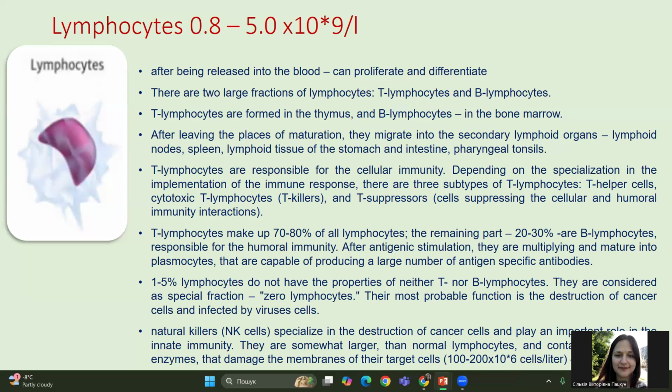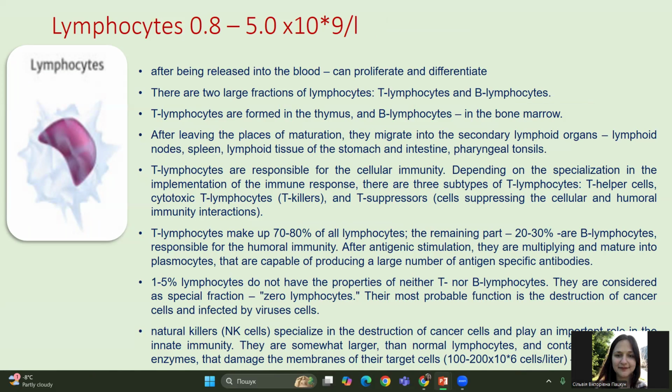T lymphocytes make up 70 to 80% of all lymphocytes. The remaining part are B lymphocytes, responsible for humoral immunity. After antigenic stimulation, they multiply and mature into plasmacytes. They are capable of producing a large number of antigen-specific antibodies. From 1 to 5% of lymphocytes have the properties of neither T nor B lymphocytes.